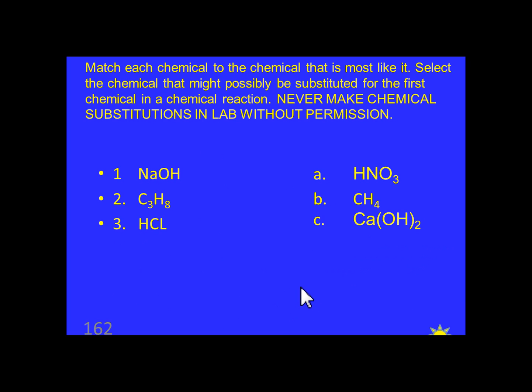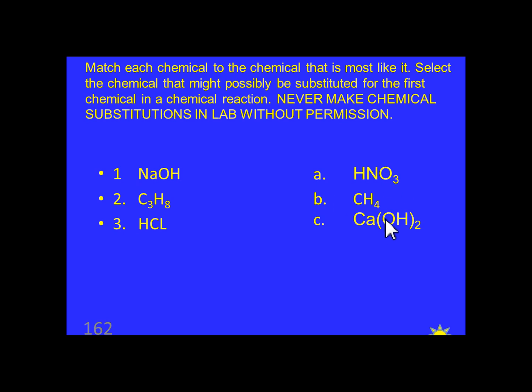Okay, so here's another matching practice quiz for you. Match each chemical to the chemical that is most like it. Select the chemical that might possibly be substituted for the first chemical in a chemical reaction. Here's my disclaimer, never make chemical substitutions in lab without permission of your lab instructor. Alright, NaOH. Hopefully you remember that's a base.